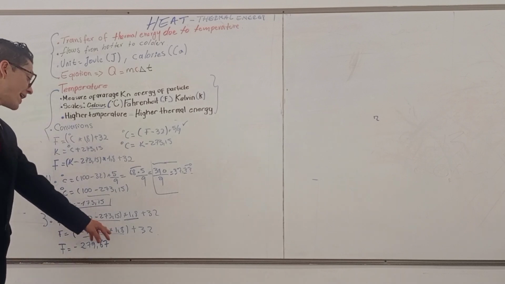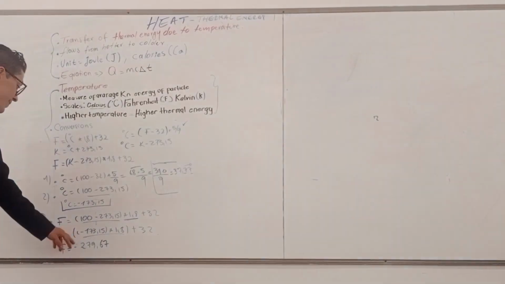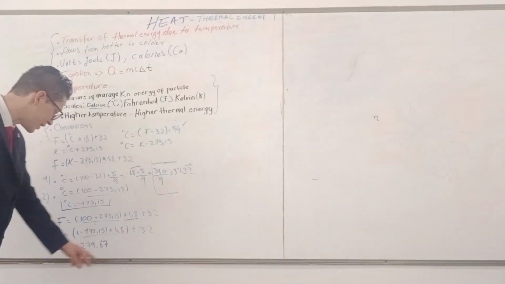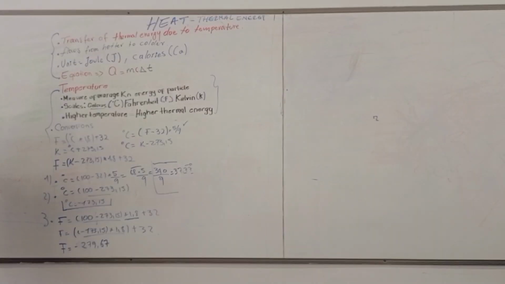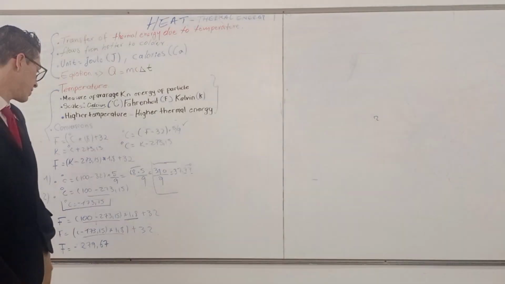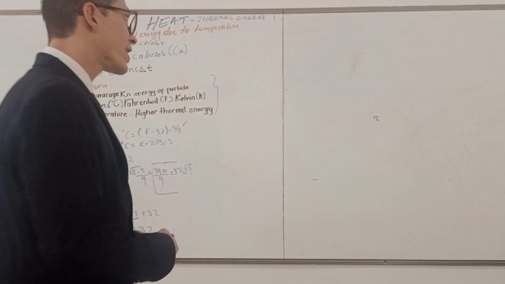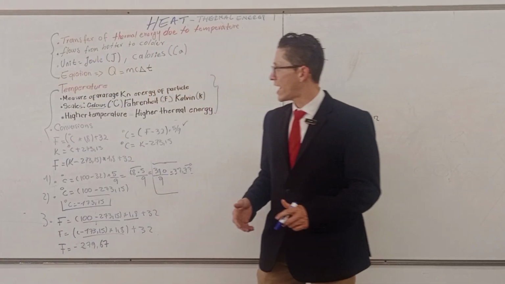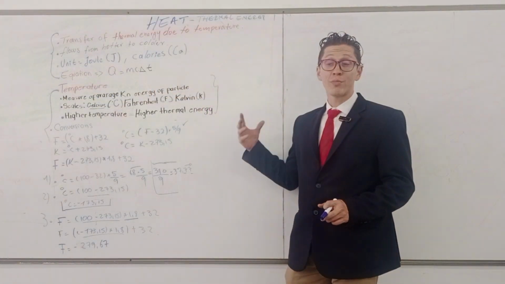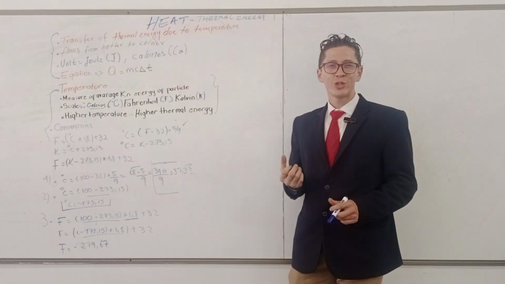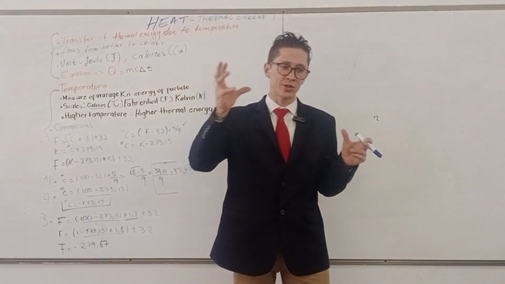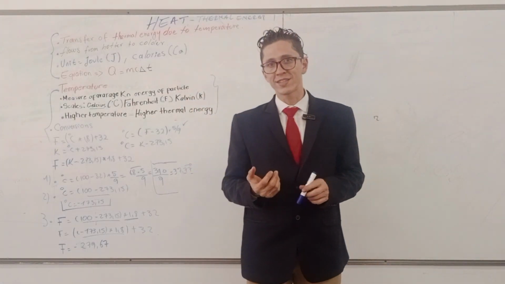This multiplied by 1.8 plus 32, it's equal to minus 279.67, right?